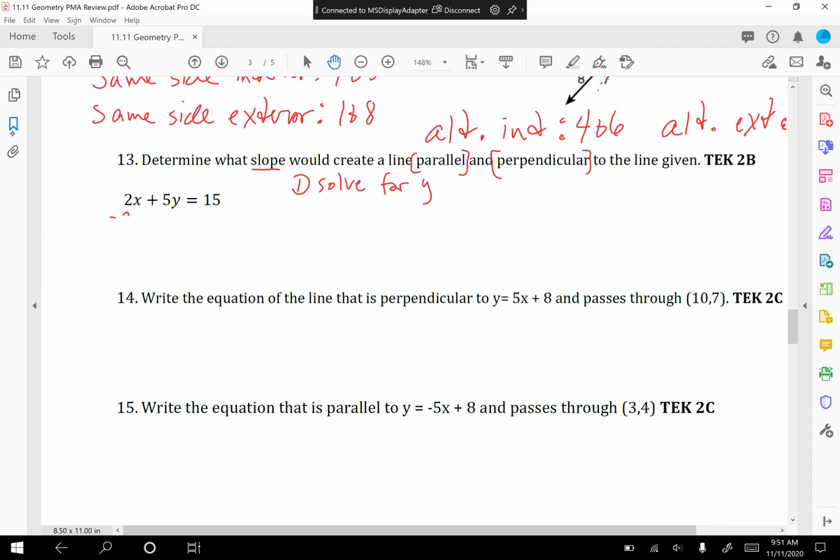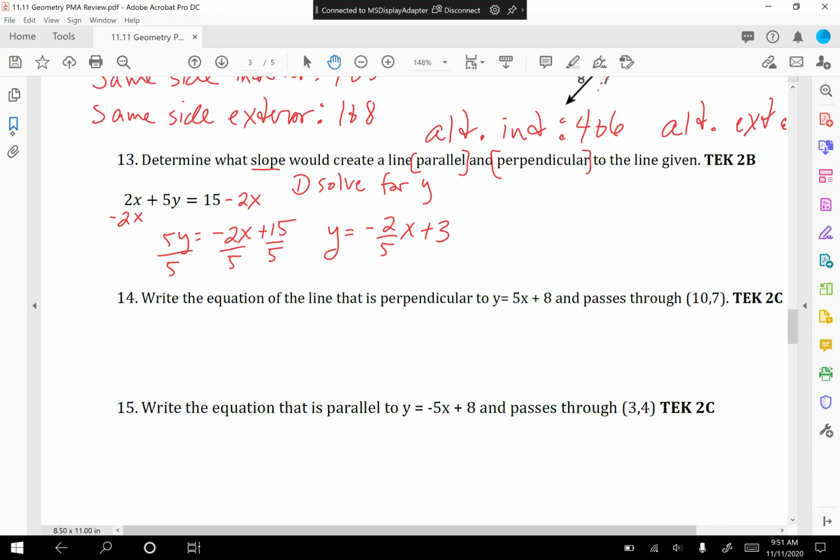Okay, so take the 2x over to the other side. We're going to subtract, right? So 5y is equal to negative 2x plus 15. And then we have to get rid of that 5, so we divide by 5. So y equals negative 2/5 x, leave it as a fraction, plus, and then 15 divided by 5 is 3.